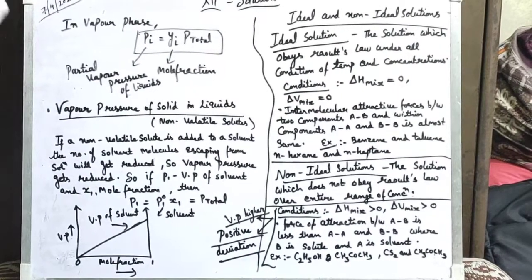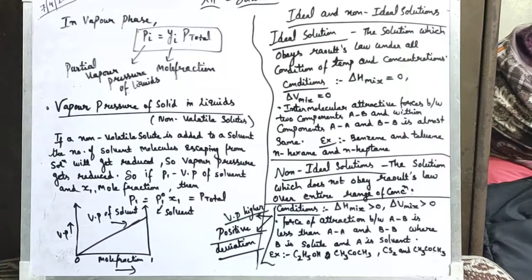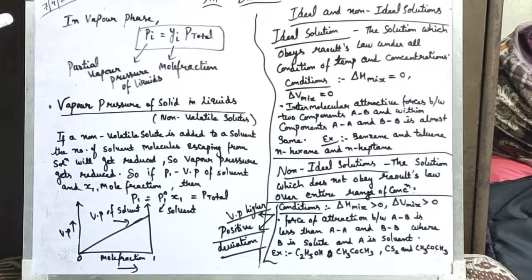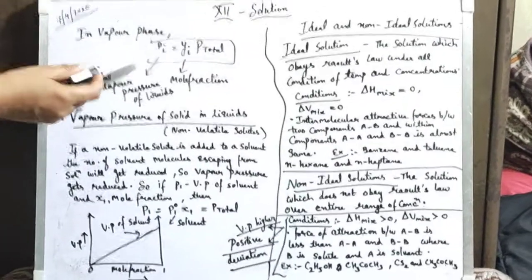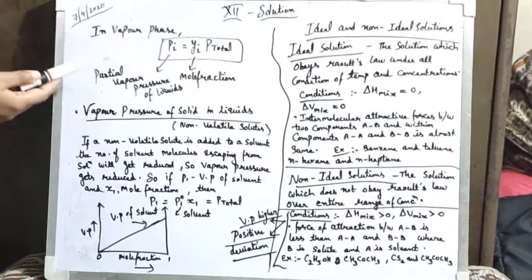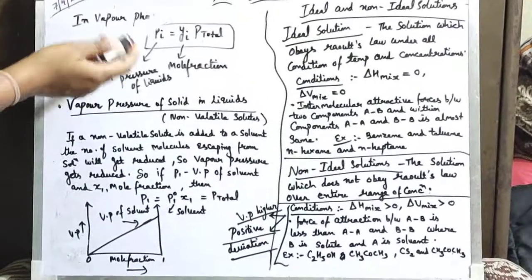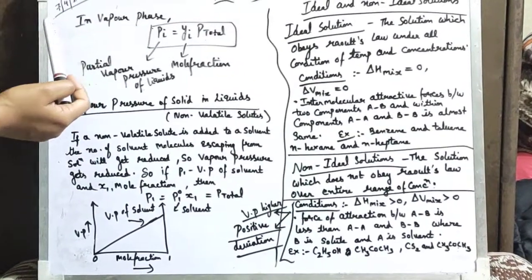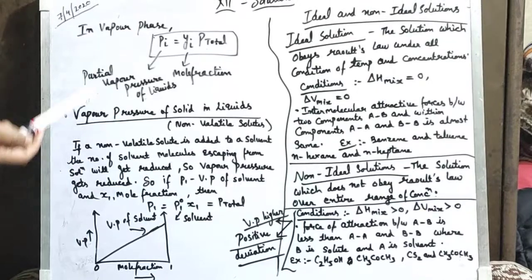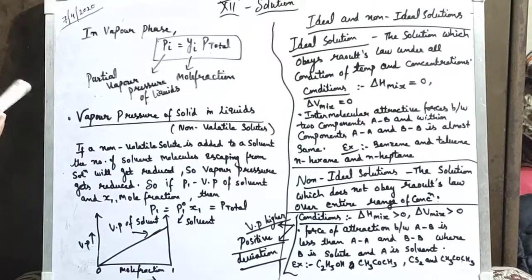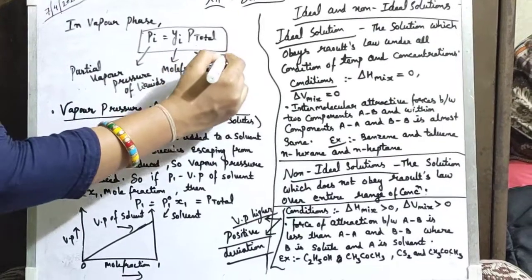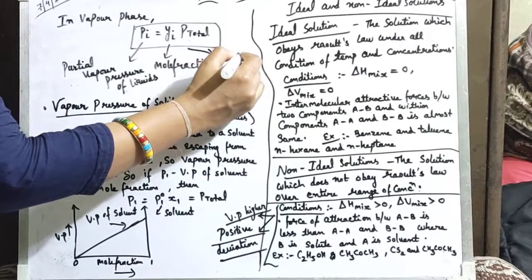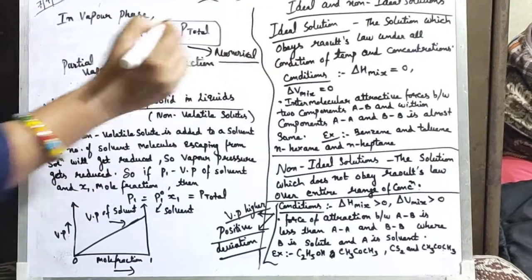Now, if we want to calculate the mole fraction only in the vapor phase, then how do you do it? We have done this expression, that is Pi equal to Xi or Yi multiplied by the total pressure. This we have done in Dalton's law of partial pressure in class 11. This expression we can use for numerical purposes, right?